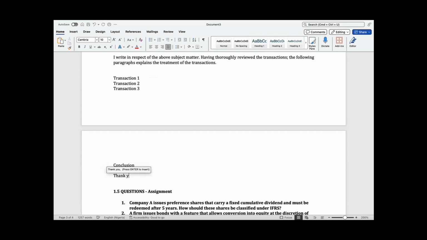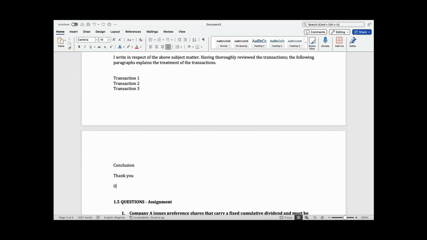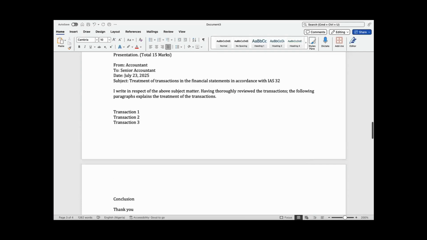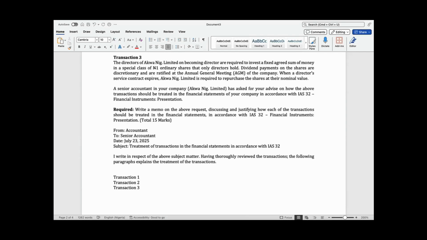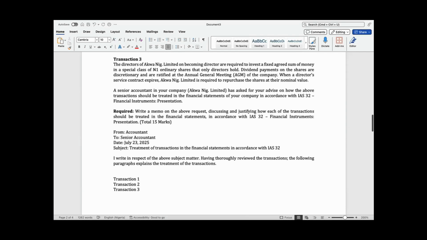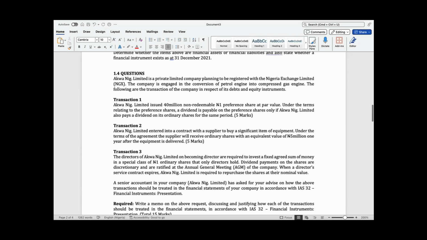So thank you, and as a junior accountant, I sign. That's just how a memo looks like. We'll still talk about report writing. For those of you doing case study, we are still going to do a lot of report writing in case study together. It will be very fun when we get to that bridge.